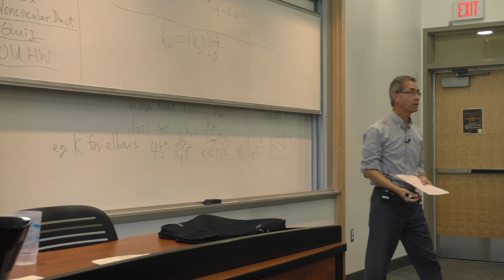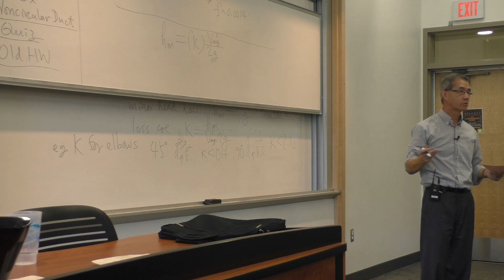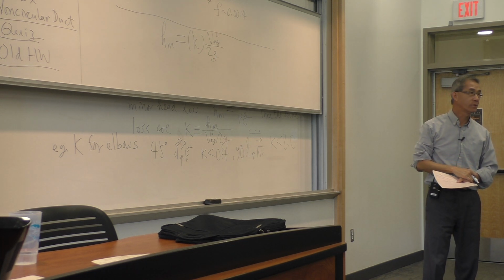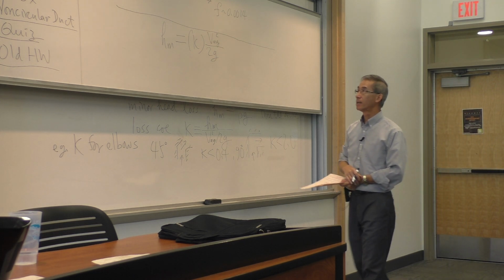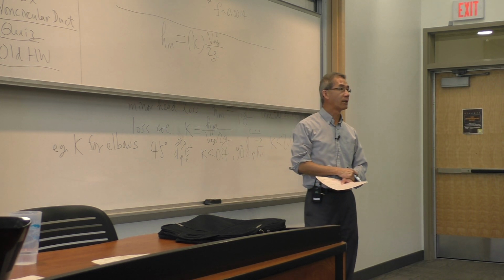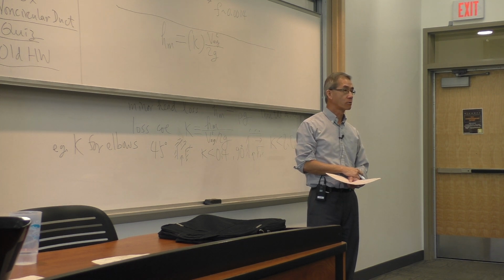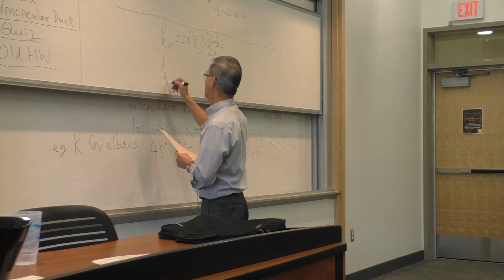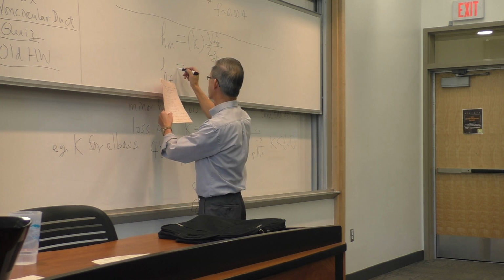So K is a given. If you tell me the geometry and the value you have, I can look it up. You already told me the velocity or the flow rates, then on which I can use this equation to now estimate my so-called minor head losses. And you can compare that with the Moody diagram frictional head loss.